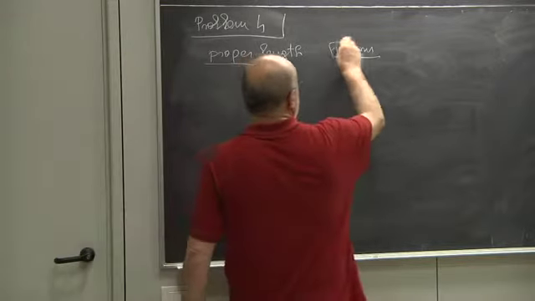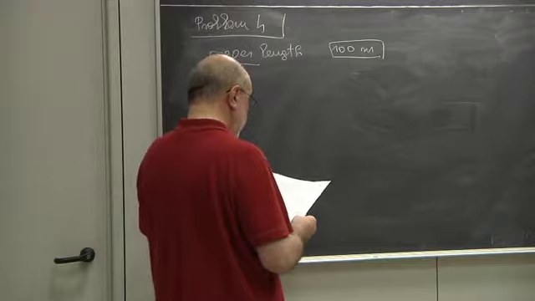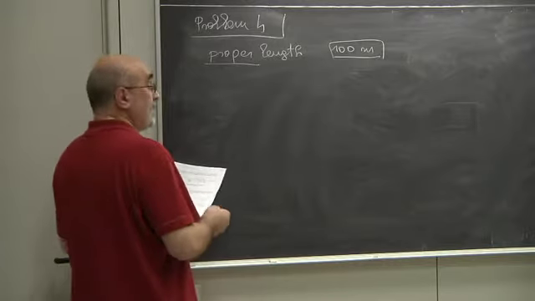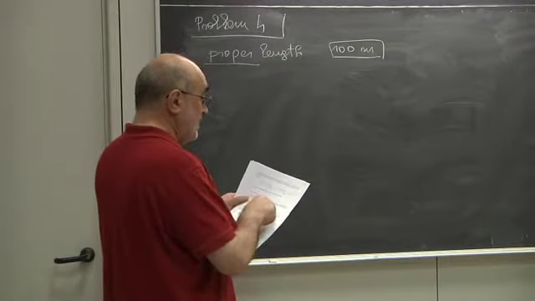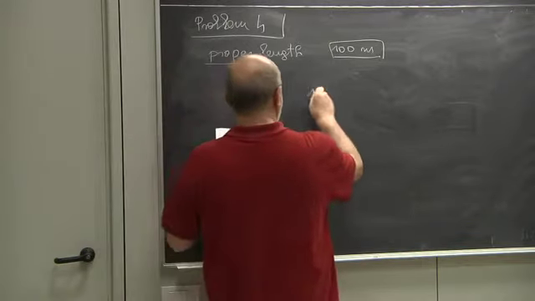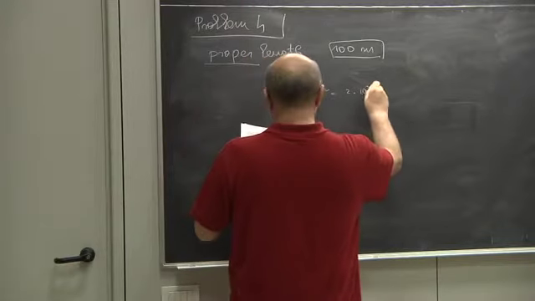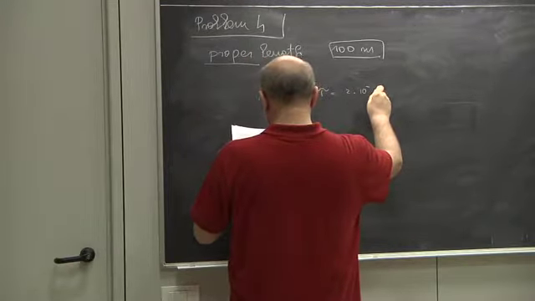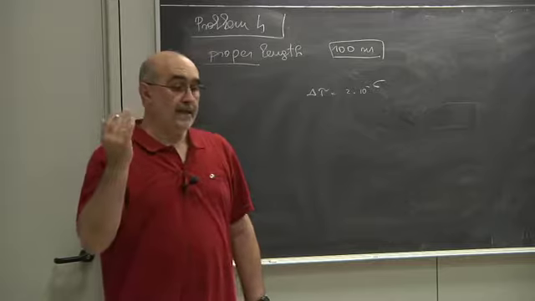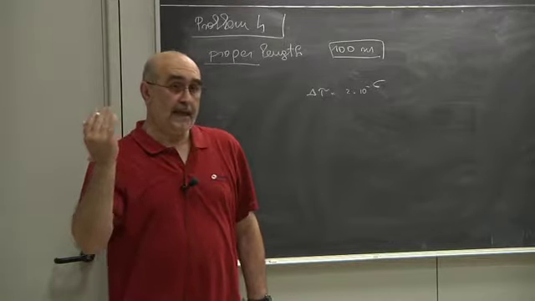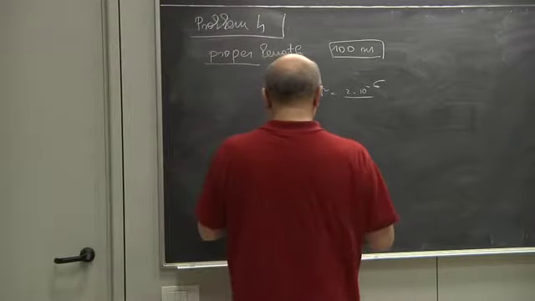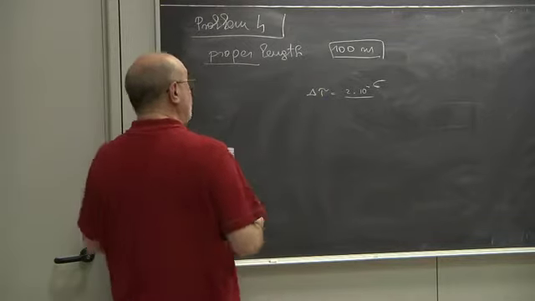The proper length of the spaceship is 100 meters. Now, John is outside the spaceship and measures a time interval of 2 microseconds for the spaceship to pass him. So this guy is not inside the spaceship, he is outside, and he realizes that for the spaceship to pass him it takes this time, which depends on the relative velocity of the spaceship with respect to John.